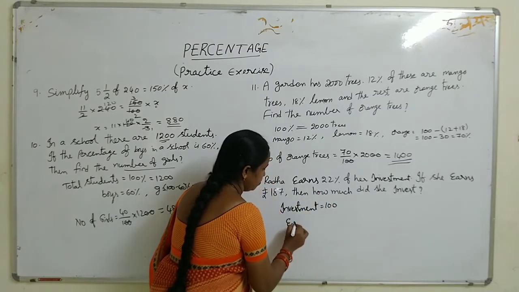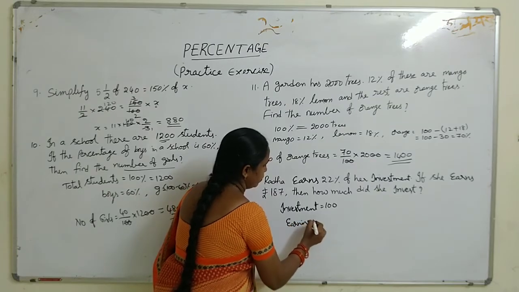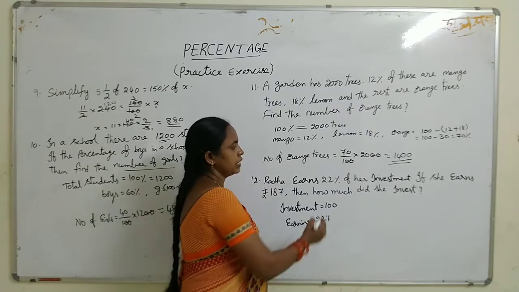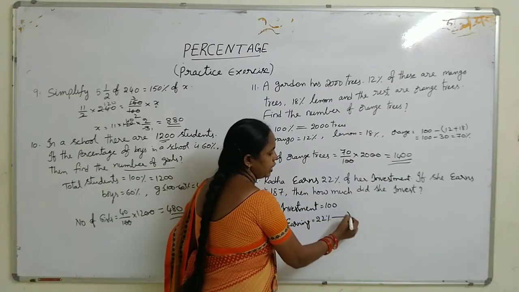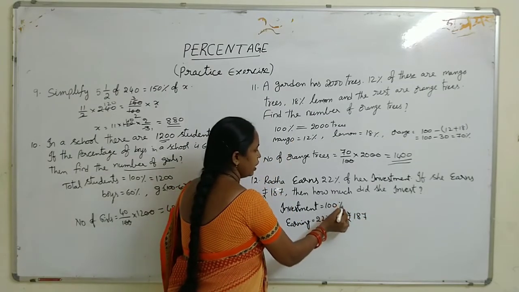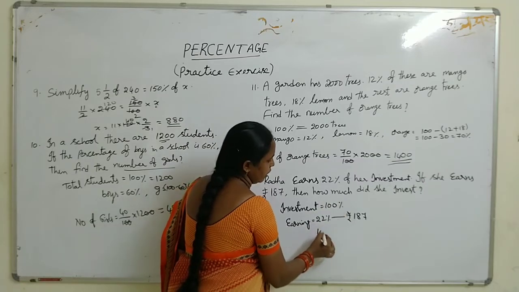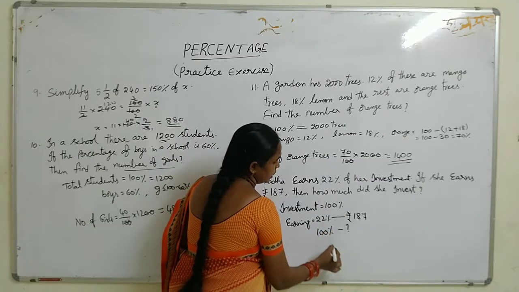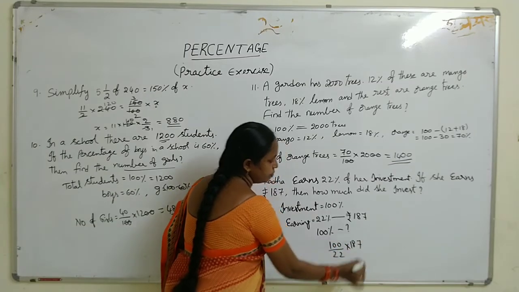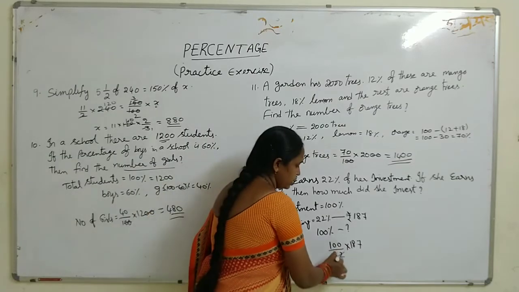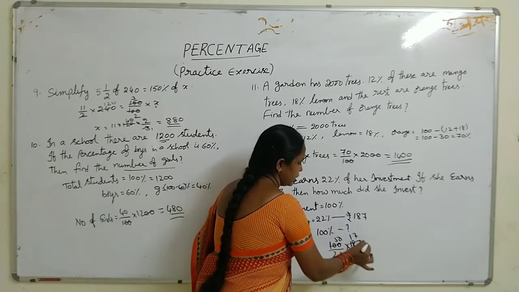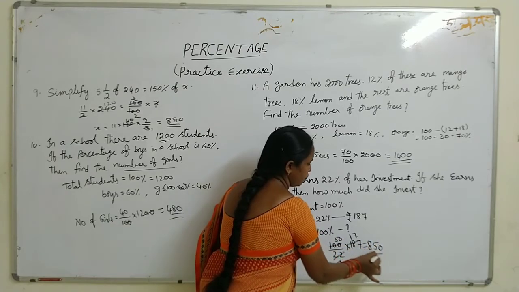Earning is 22%. The value of 22% is given here, that is 187 rupees. Then we have to find the value of investment, that is the 100% value. That is 100 by 22 into 187. So cancellation: 11 twos, 11 ones, 11 sevens, 17 50s, 850 rupees.